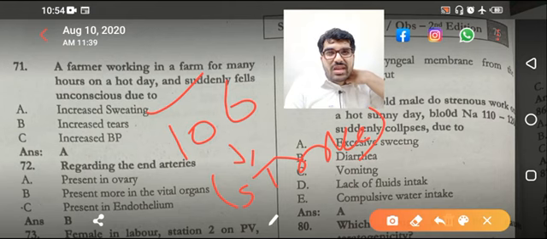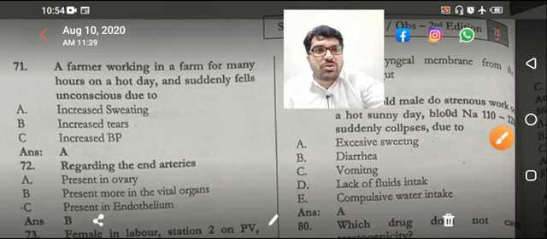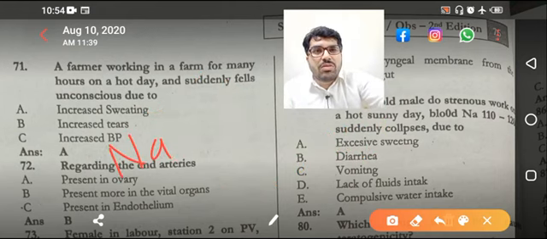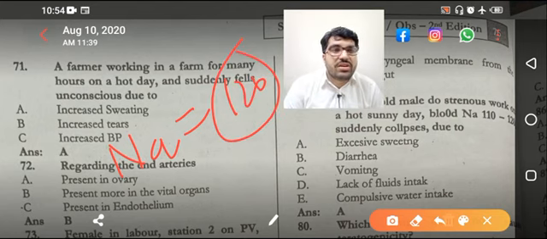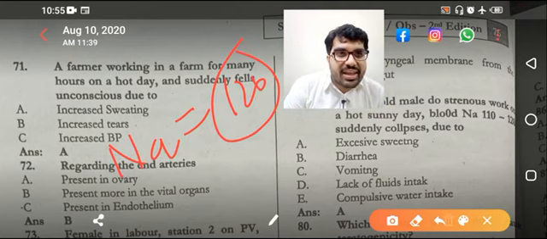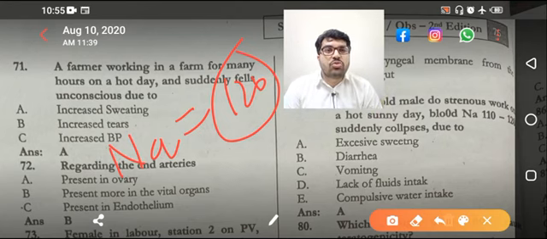Now if the same MCQ gives you a sodium of 120, the answer is not dehydration, not sweating, because sweating and dehydration cause hypernatremia. It is compulsive water intake or IV fluid overload.